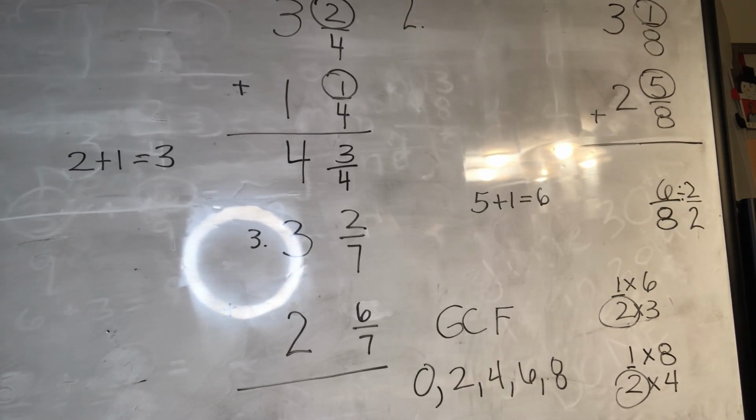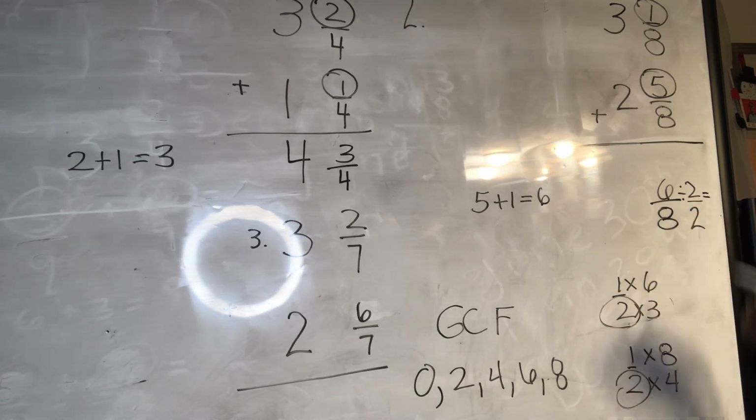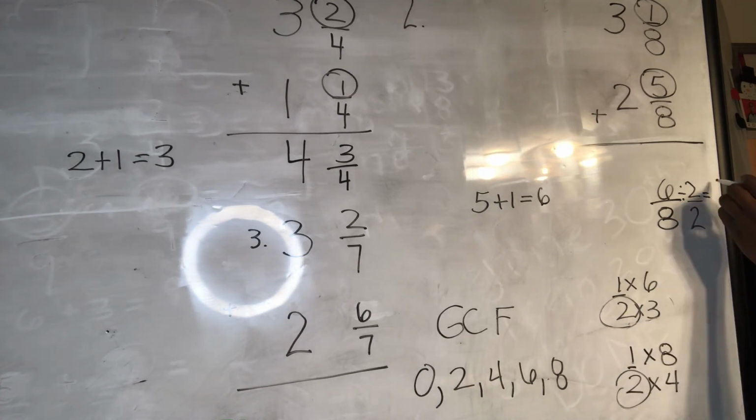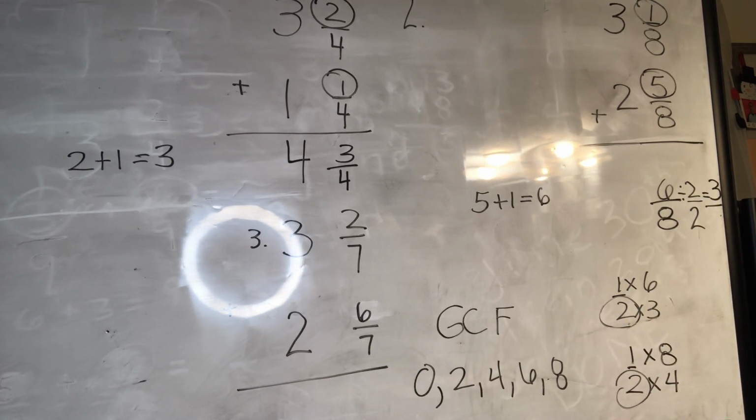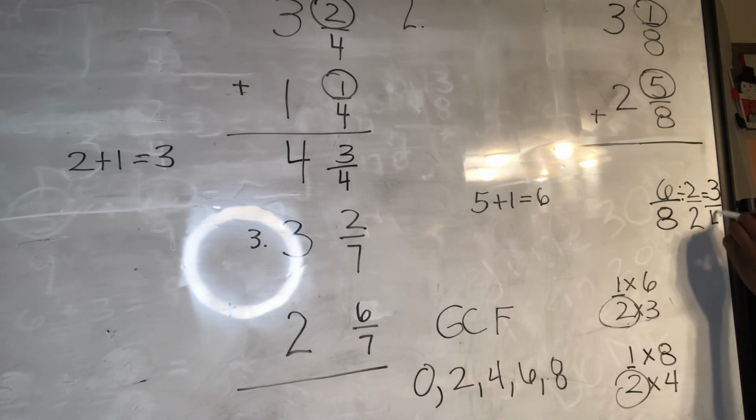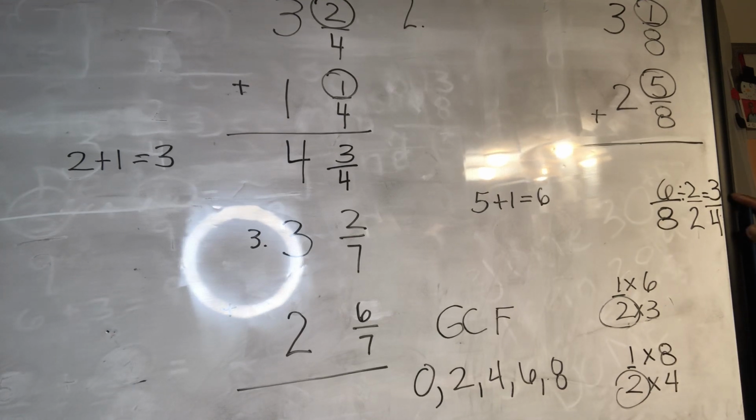Which means 2 times what gives you 6, Jamia? 2 times 3. Exactly. 2 times 3 gives you 6. That means you get a 3 for your answer. 2 times what gives you 8, Jamia? 2 times 4. Exactly. So 4. So we have a new fraction of 3/4.